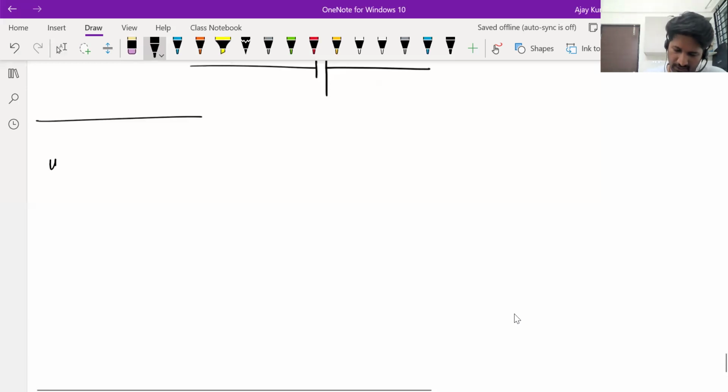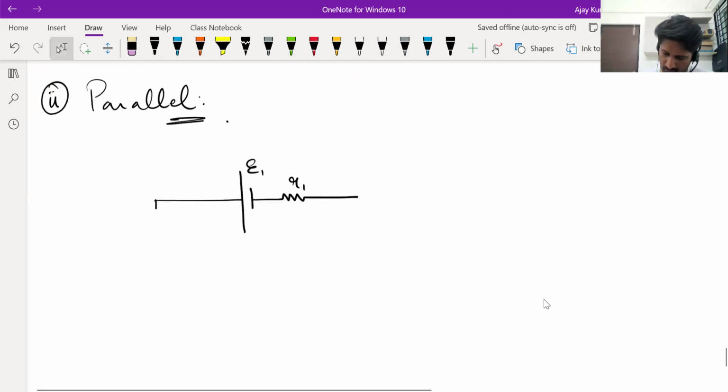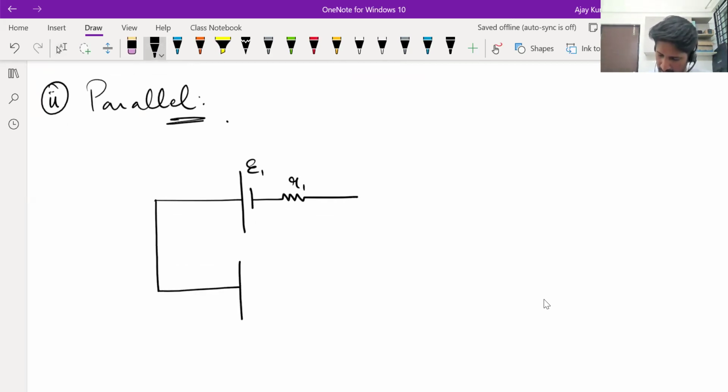Next, cells in parallel. Suppose there's a combination of two cells like this.